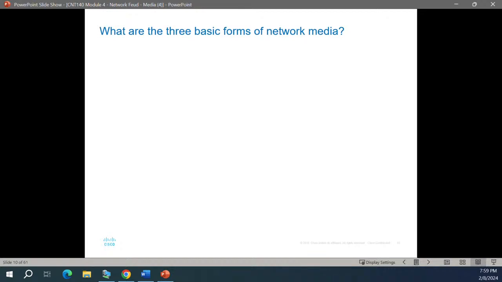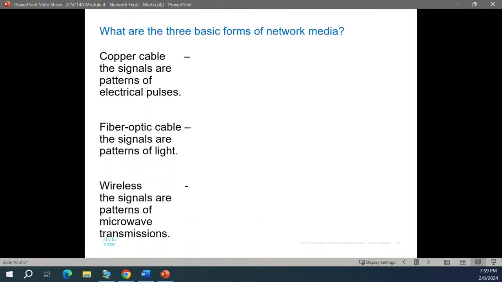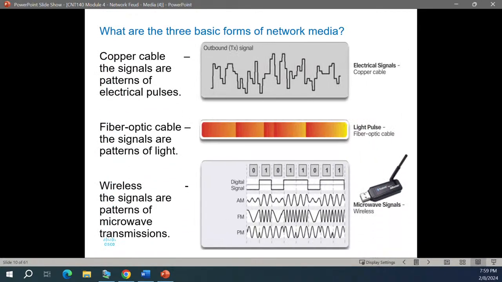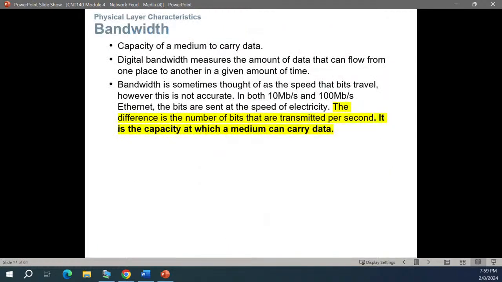What are the 3 basic forms of network media? We already know this: copper, fiber, wireless. Okay, so we reviewed this already. Capacity. Bandwidth, remember, bandwidth is not really a measurement of time. It's a measurement of the number of bits that are moving across time. That's why it's the number of bits per second.